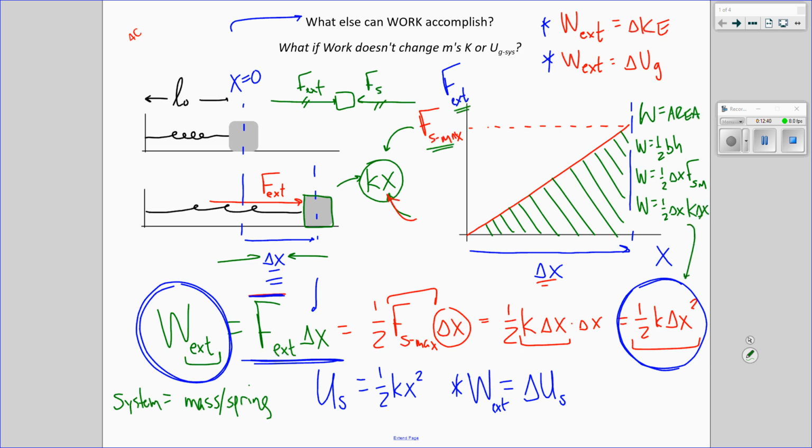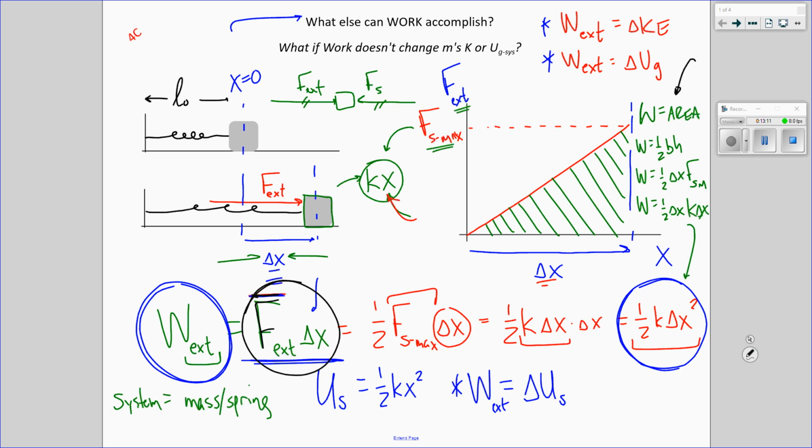So the great thing about graphs is that they can be analyzed typically in a couple of ways. I mean, there's really only one way to find a slope. But notice, we're not doing anything about slope here. What we are doing is saying, I want a product. I can either use this definition of average force times displacement and get the expression that I want, or we can say that's the same thing really as calculating an area.